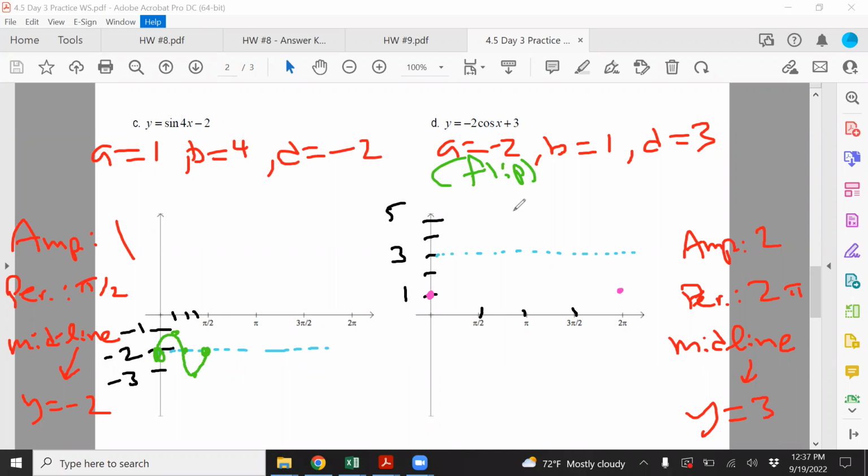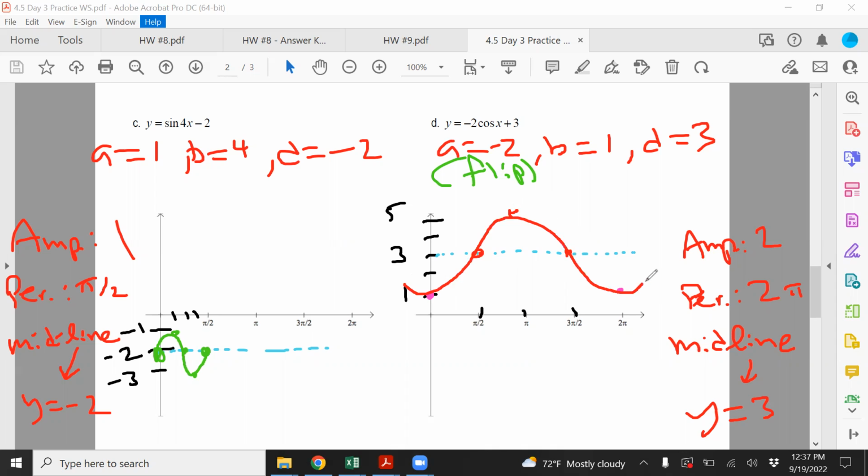Great observation. So if you take the midline, what you want to do is go the amplitude higher or lower. Whatever the amplitude is, you go higher or lower based upon whether it's negative or positive. And then you have this, this, and this.